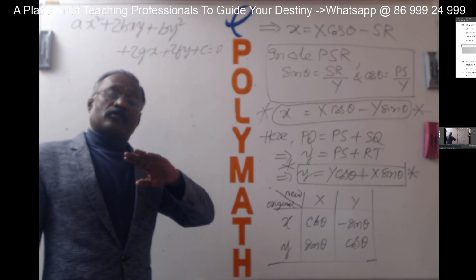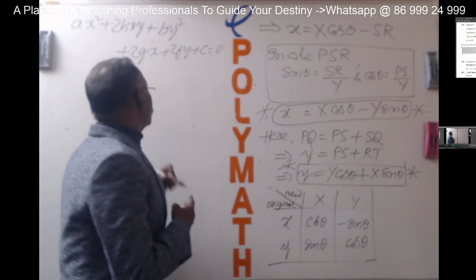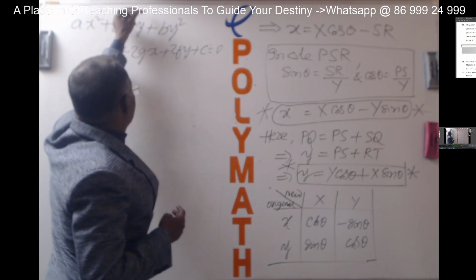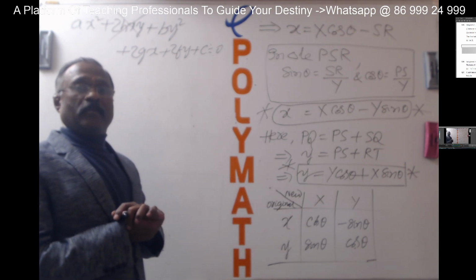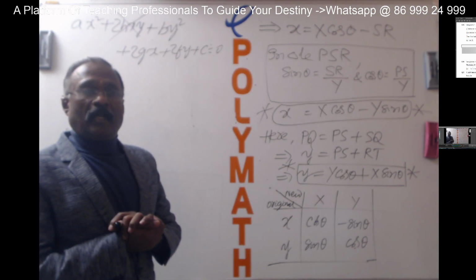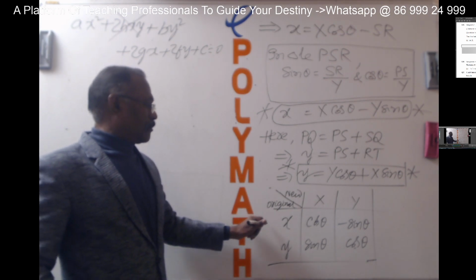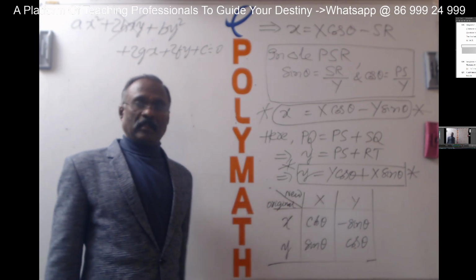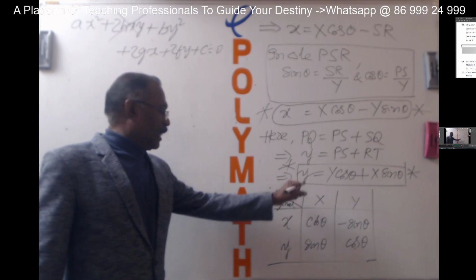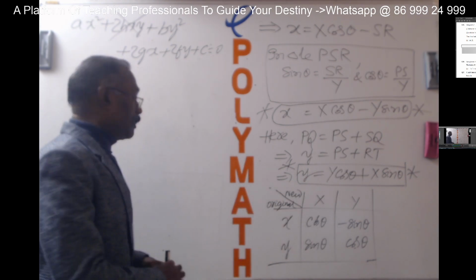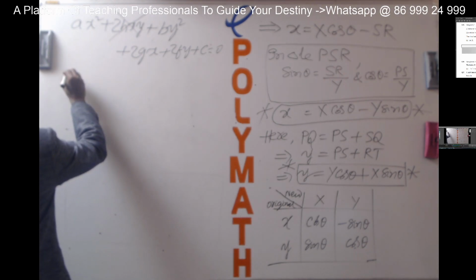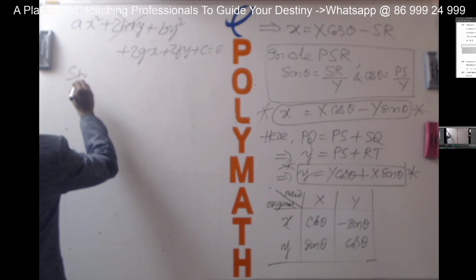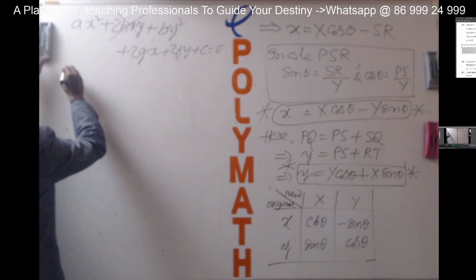We are rotating to some angle theta to remove this term. Finally, the xy term is to be removed after the rotation. So for that, what is the value of small x? x cos theta minus y sin theta. What is the value of small y? x sin theta plus y cos theta. Let me do that. Rotate the axis.